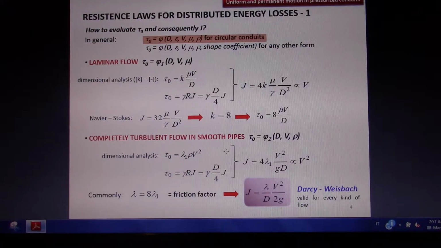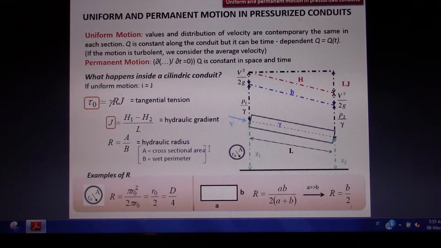So, let's try right now to define how to evaluate tau zero, because our aim is to define the losses, and the losses are related somehow to this tau zero.